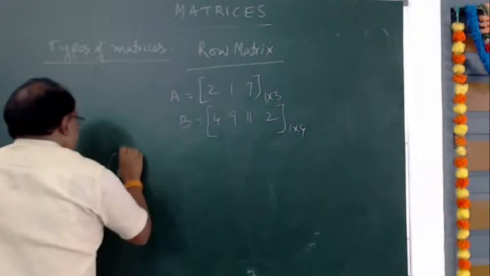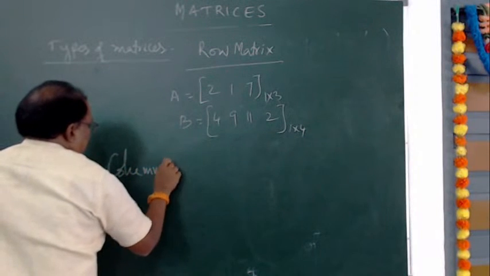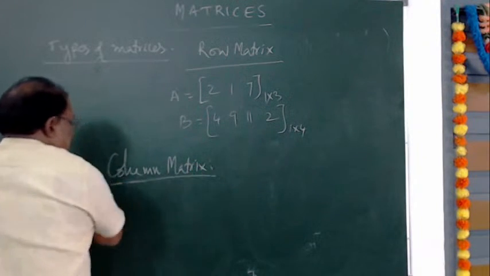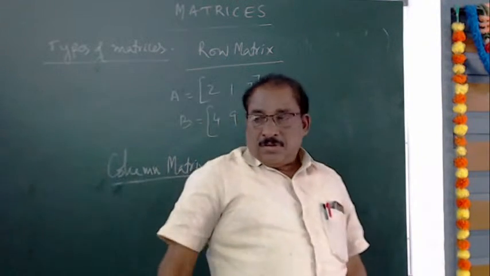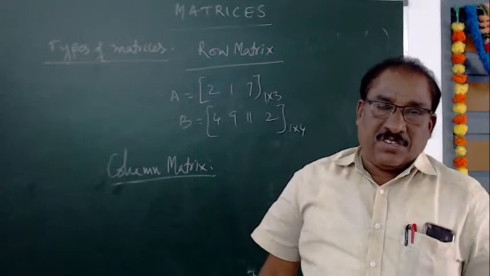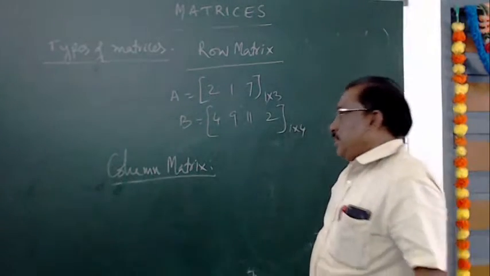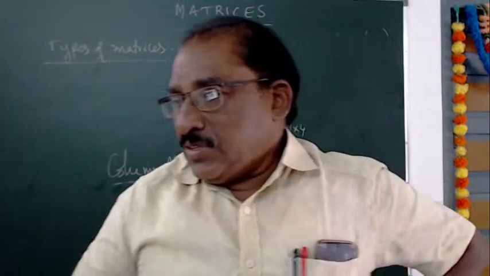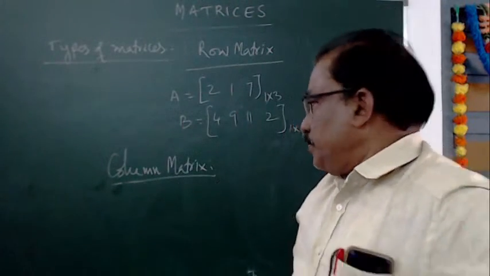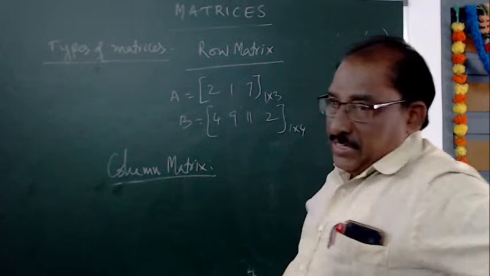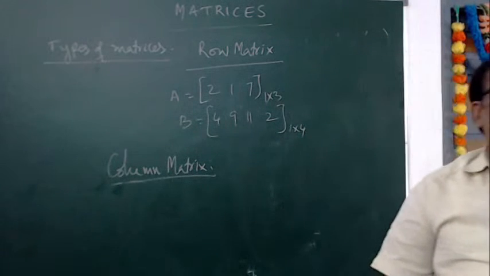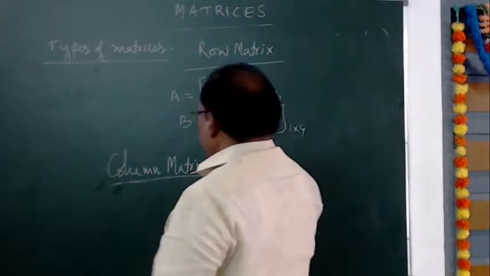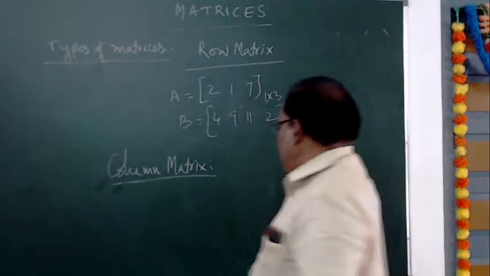What is a column matrix? First, the definition of the row matrix: a matrix having only one row is called a row matrix. And the definition of the column matrix is, if a matrix has only one column, then it is called a column matrix.